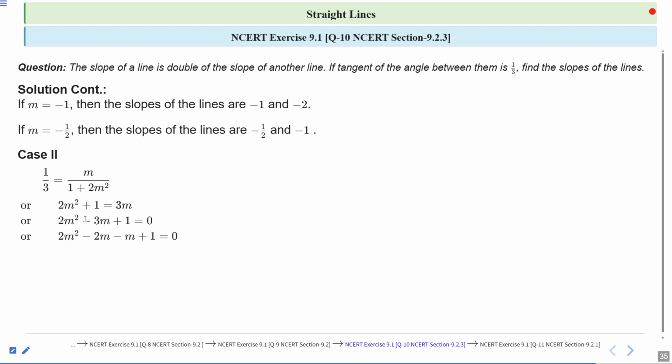Using middle term factoring, 2m square minus 2m minus m plus 1 equals 0, or 2m times (m minus 1) minus 1 times (m minus 1) equals 0, or (m minus 1)(2m minus 1) equals 0. Now we get m is 1 or m is 1/2.